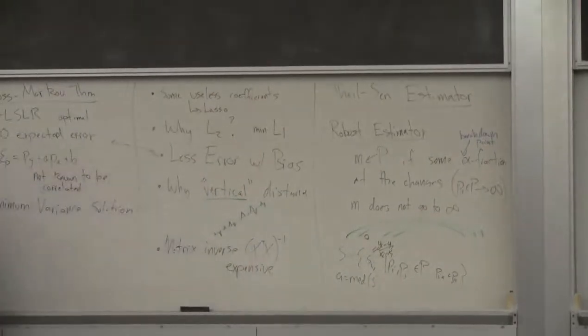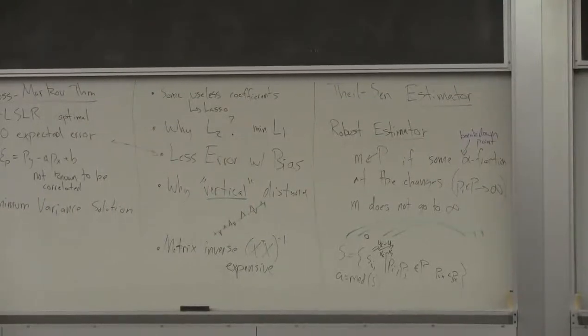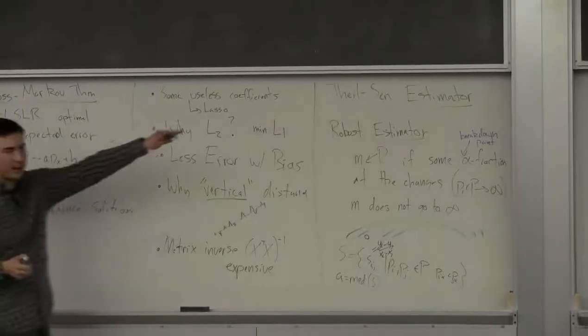And then I go back, and instead of solving B as the difference in the averages, I essentially take the median to find the intercept as well. So in doing this, it's called the Theil-Sen estimator.